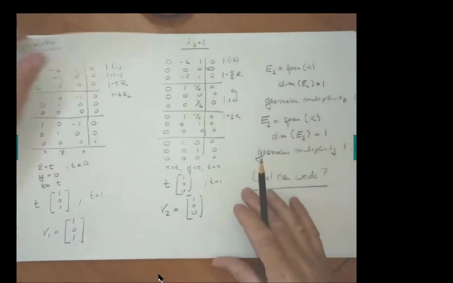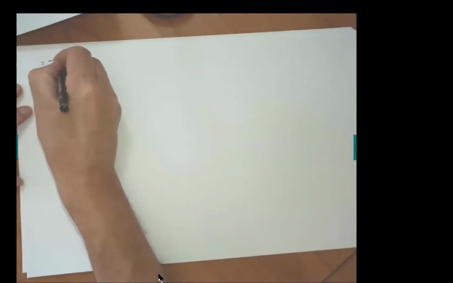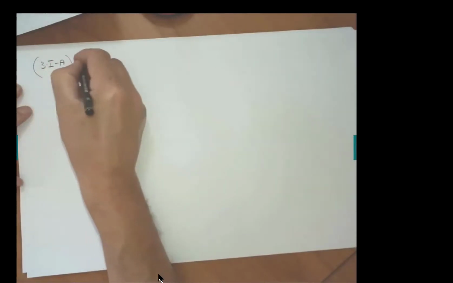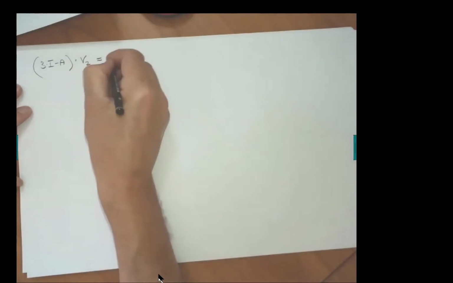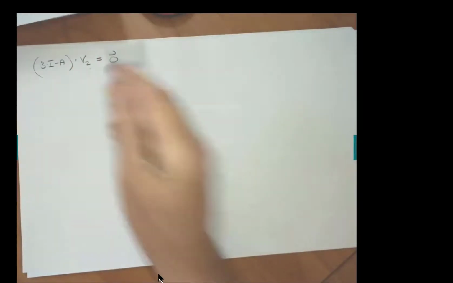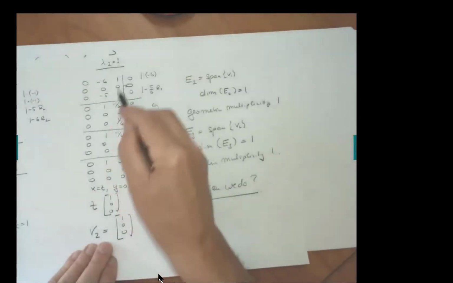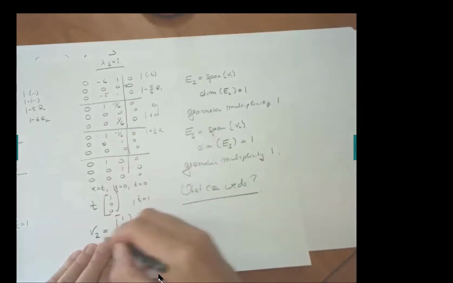So I write this down on the next page. So we have 3 times the identity minus A times V2 is the 0 vector. So that's actually how we got V2. We have a homogeneous system, and that's how we got this.